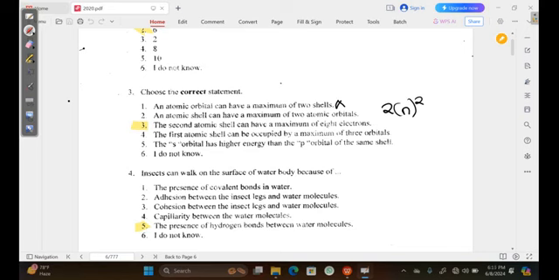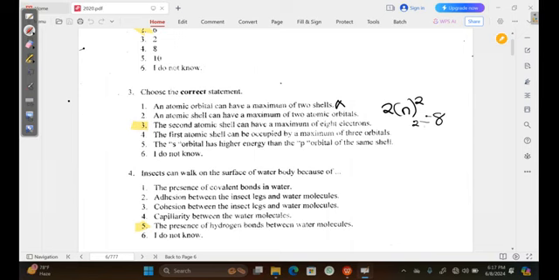So for example, if n is, let's say, 2, that means 2 squared, which is 4, times 2 is 8. So we'll have 8 electrons, the maximum electrons in the second shell.